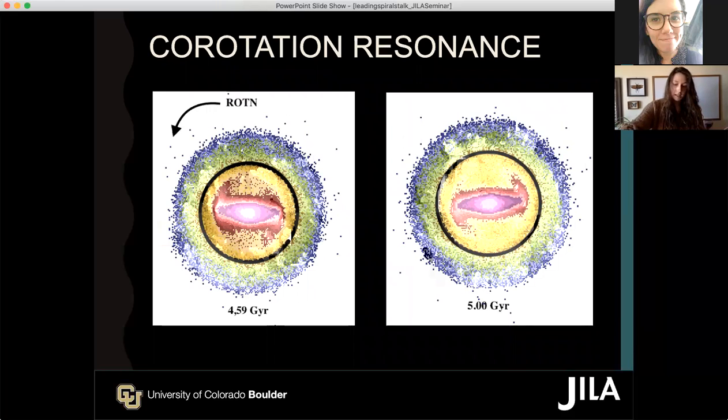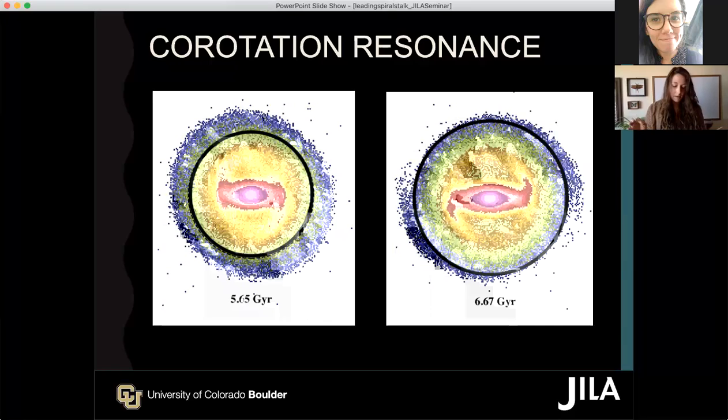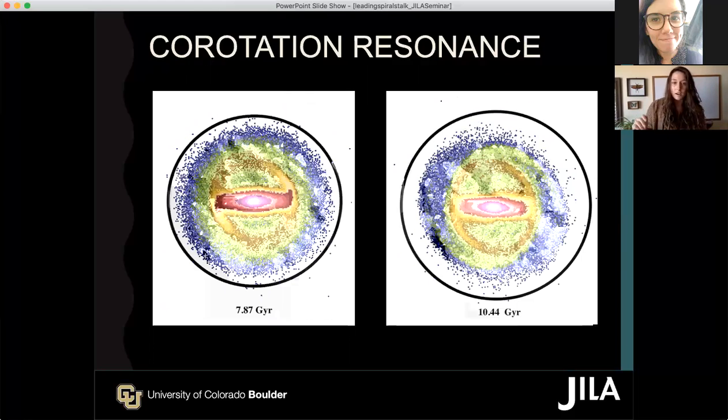As I move to the next set, you can see that the increment between these frames is increasing, which tells us that the bar is slowing down at an ever increasing rate as the simulation goes on. By the end of the simulation, the corotation radius has moved completely outside the disk.